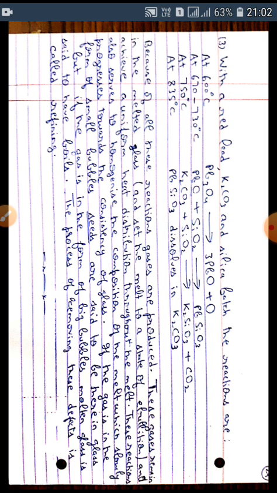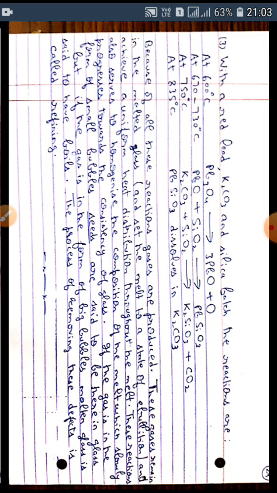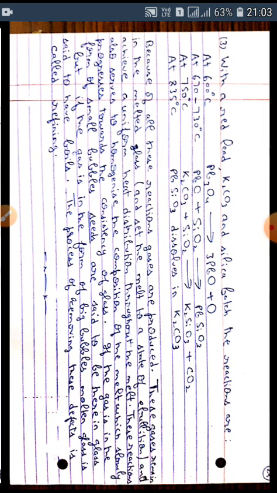At a temperature of 750 degrees centigrade, potassium carbonate will react with silica to form potassium silicate and give out carbon dioxide: K2CO3 plus SiO2 gives K2SiO3 plus CO2. At a temperature of 835 degrees centigrade, lead silicate dissolves in potassium carbonate.